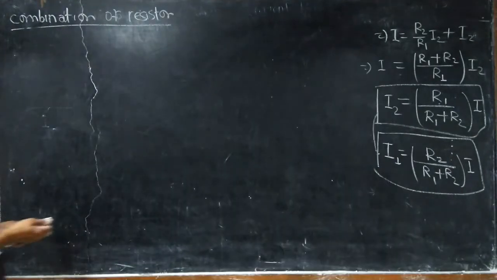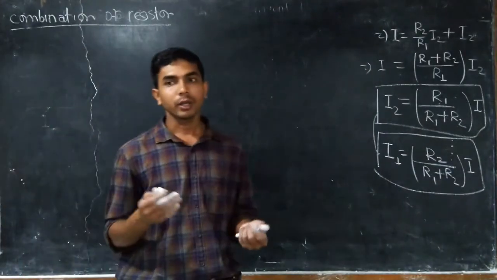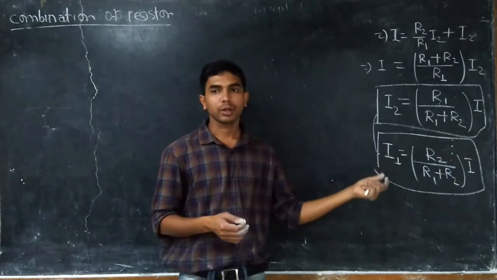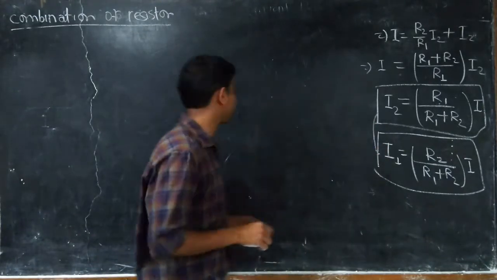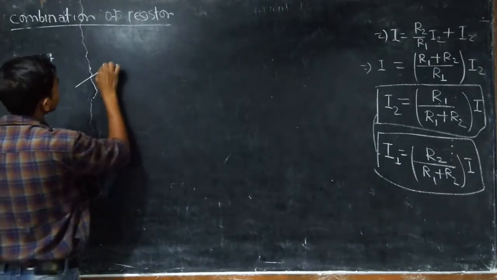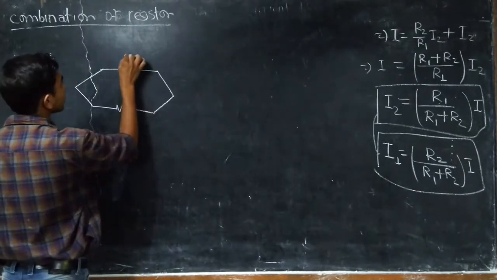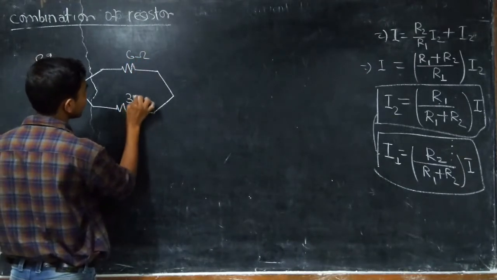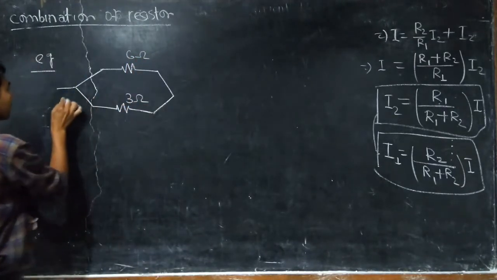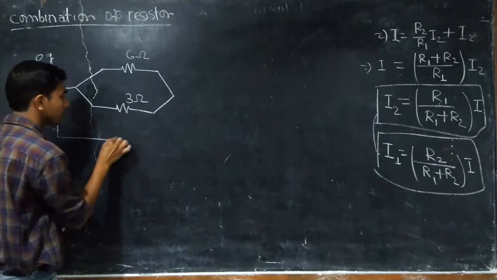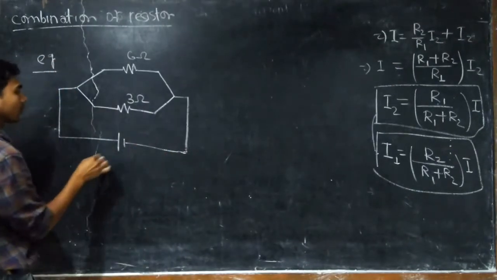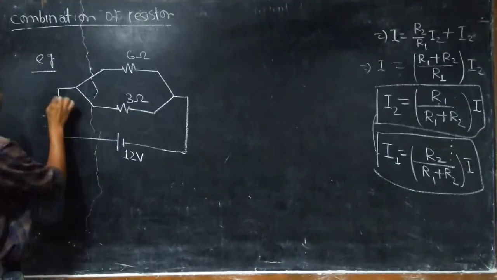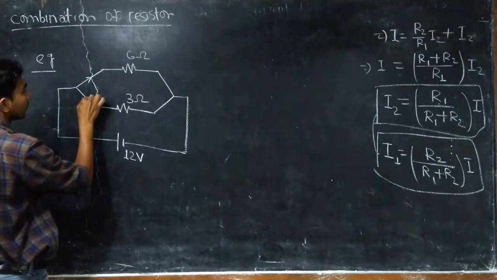So next I am going to take one example, and we are going to find the value of I1 and I2. Suppose two resistors are connected like this. Suppose this is your 6 ohm, and this is 3 ohm, and this combination is connected to a battery of potential 12 volt.